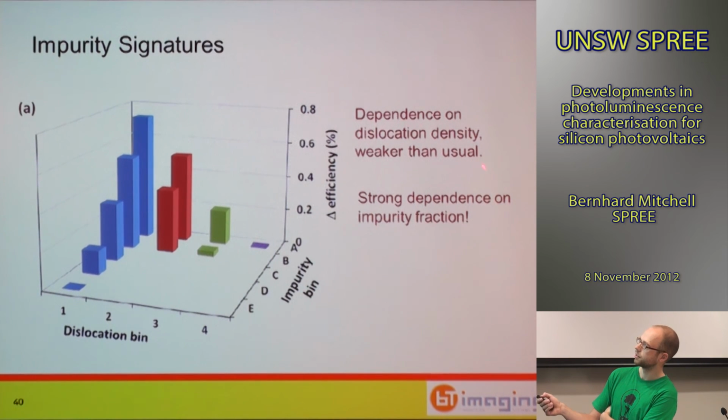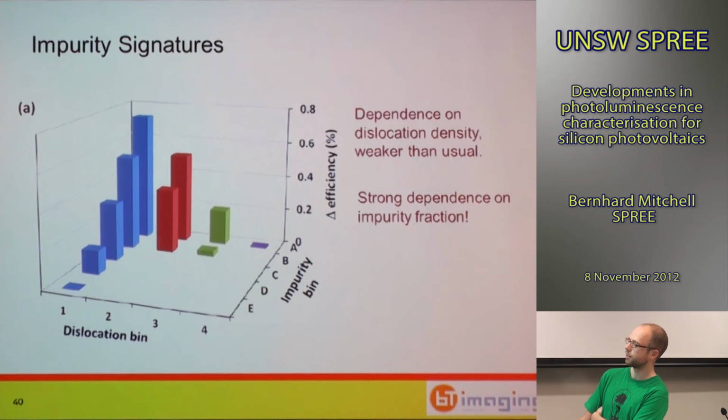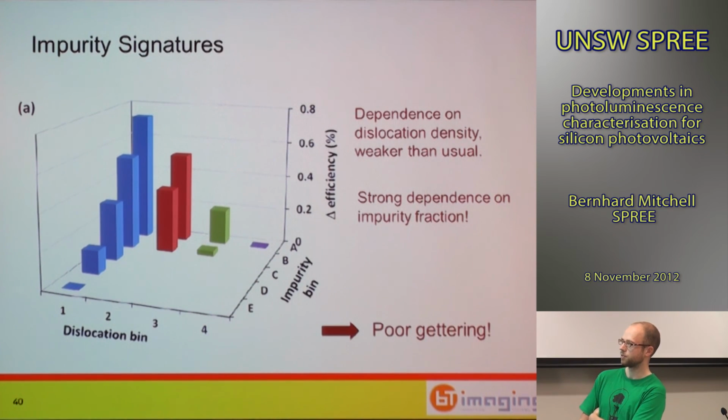What they found for this manufacturer is that the dependence of the efficiency on the dislocations is weaker than usual, whereas the dependence on the impurity fraction is higher, which shows that the manufacturing line has a poor gettering efficiency.